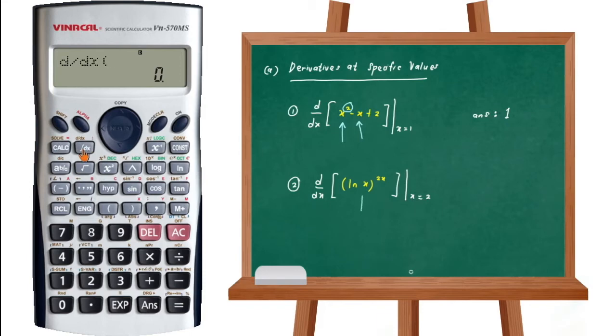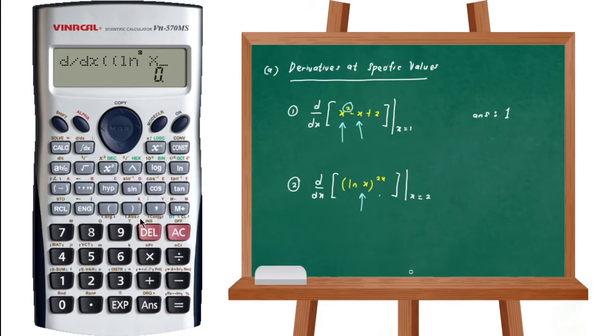Notice that the whole expression here, which is this function ln of x or natural log of x, is to the power of 2x. So we press this open bracket button, then press this ln button that represents the natural log function. Next, we need to key in the variable x, press alpha, and then followed by this button.